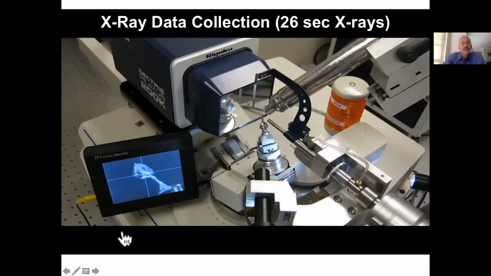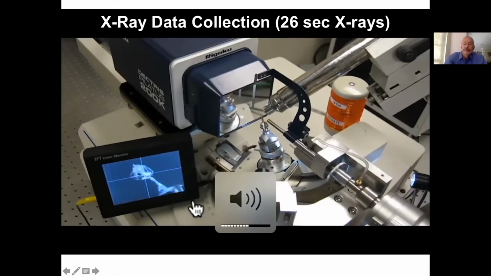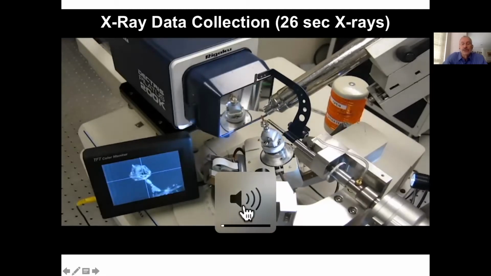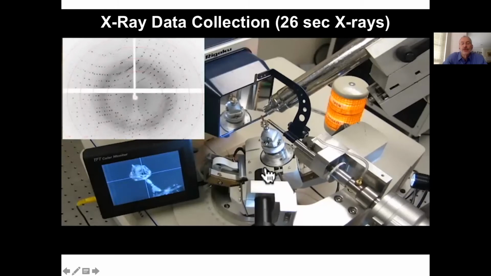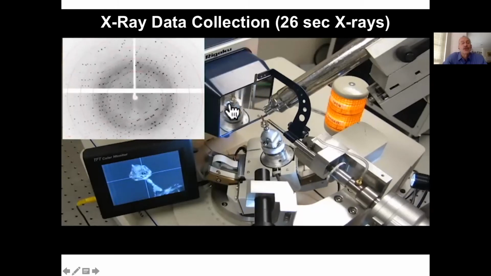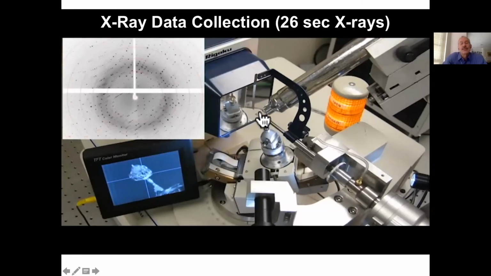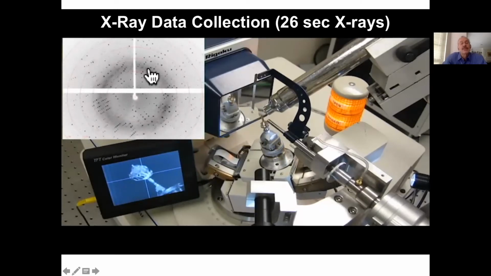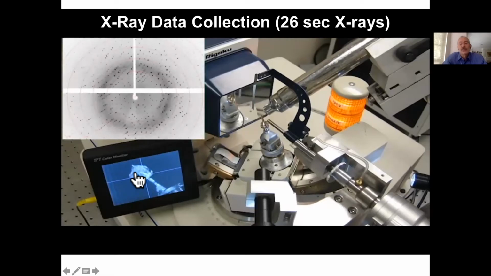What you're going to see when I click the button is that, I don't know if you can still hear me, the goniometer moved to the start, the shutter opened, X-rays are hitting the crystal, exposing the detector. These are the images coming out, and you can see this crystal rotating.